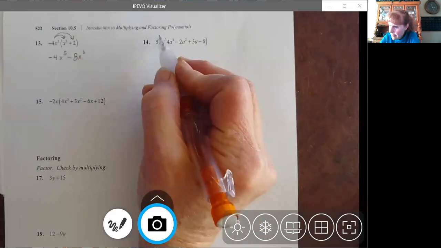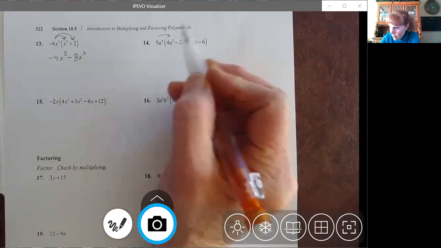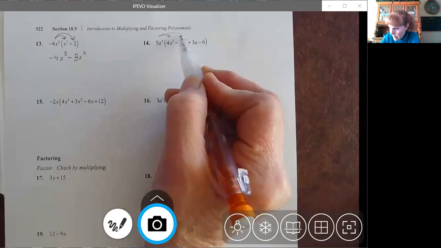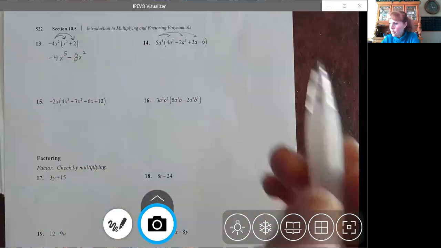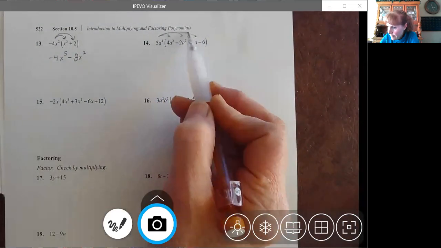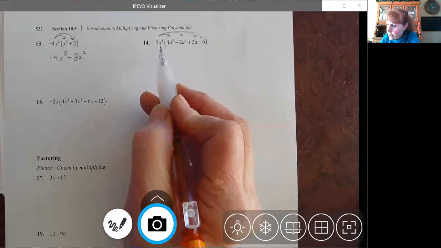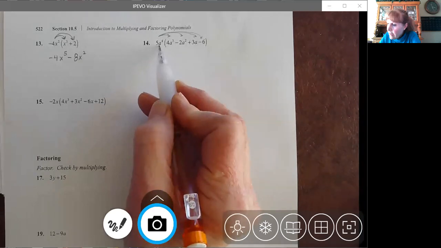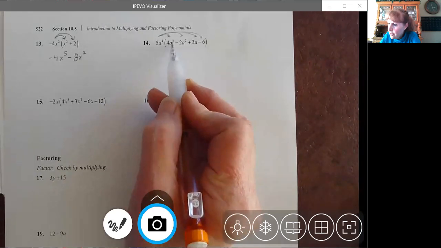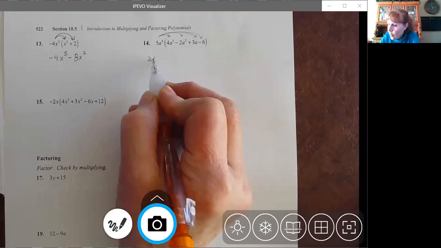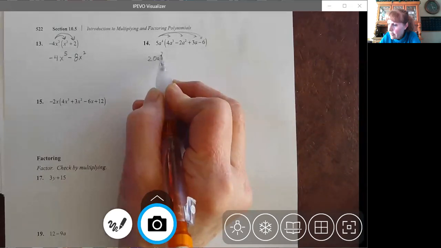Okay, we're going to take this times all 3 of what's inside. And because we're multiplying, we'll be adding exponents. So we'll start with the first multiplication. 5a to the 4th times 4a cubed will be 20a to the 7th.